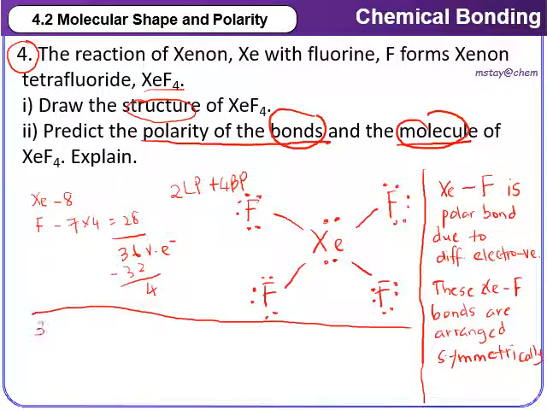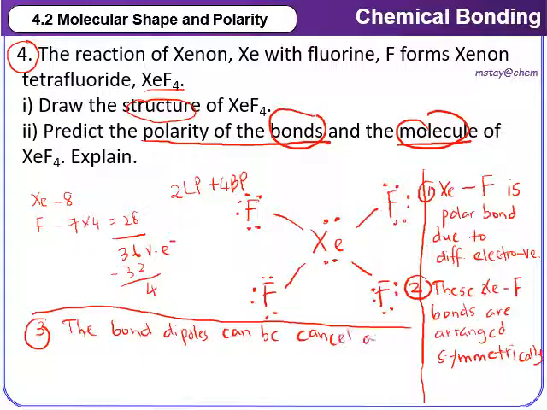Because they are arranged symmetrically, and from similar terminal atoms, the bond dipoles can cancel out each other.